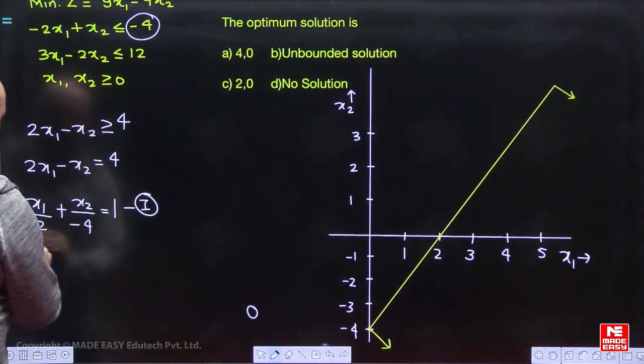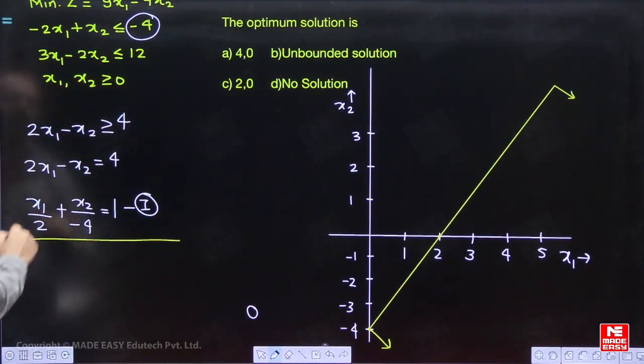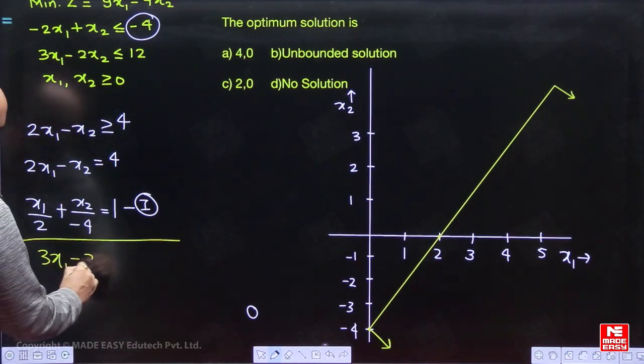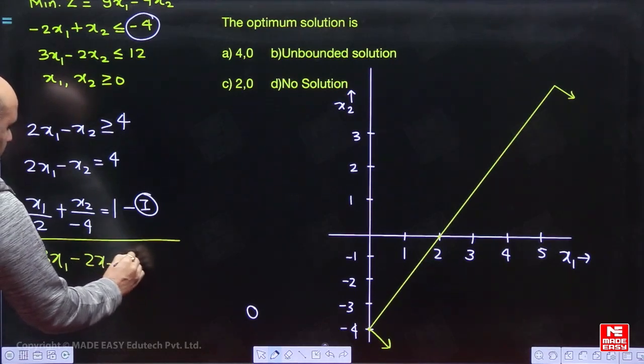Then the second one, second equation, 3x1 minus 2x2 equals to 12.